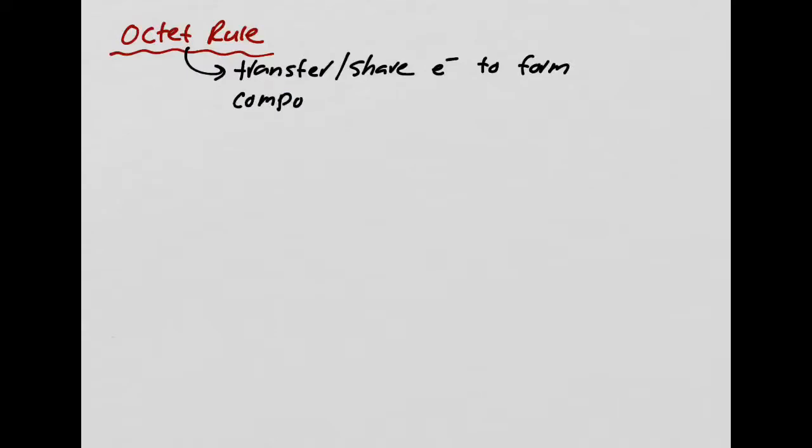Let's talk about the Octet Rule. You already know this; you just didn't know the name for it. The Octet Rule is basically that you transfer or share electrons to form compounds to give atoms a stable electron configuration.